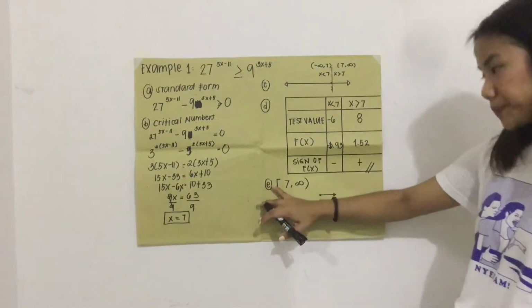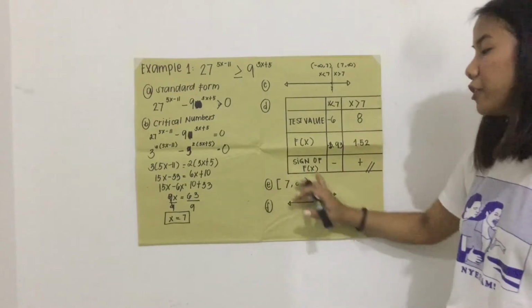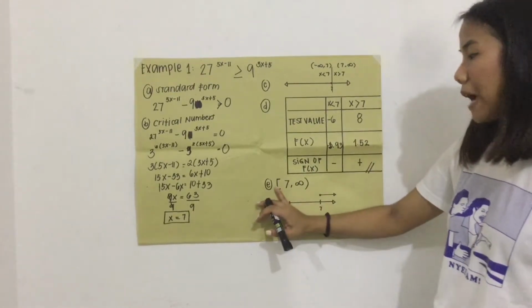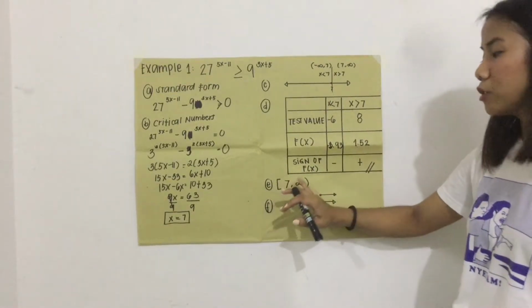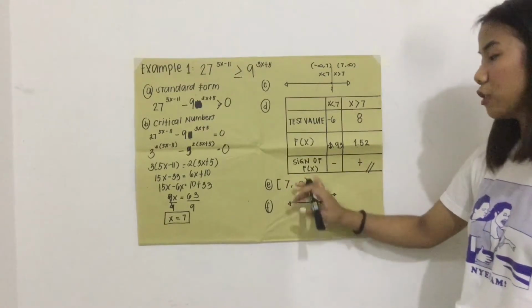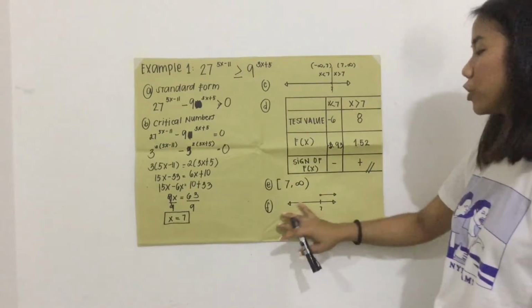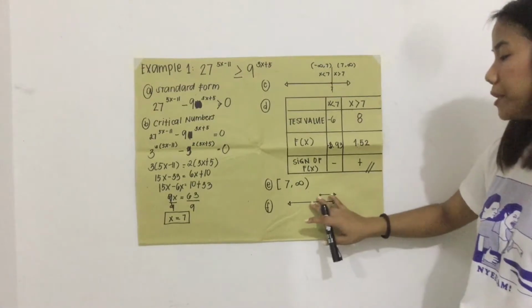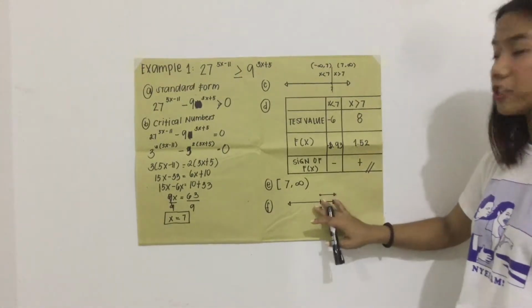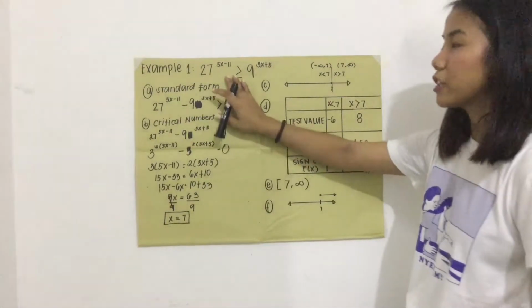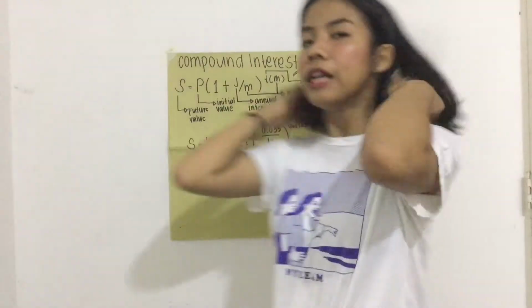So our answer would be open bracket 7 to positive infinity close bracket. We're just going to plot it, and my circle here is not shaded because we have greater than or equal. And that's it. The next topic that I will be teaching you is exponential function.